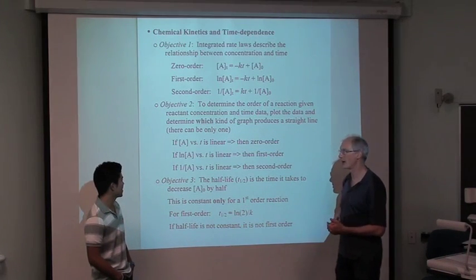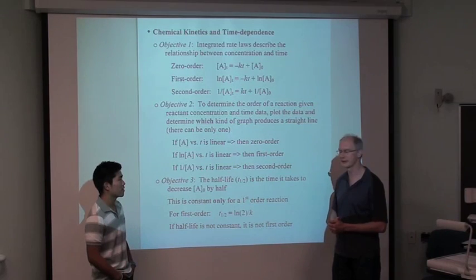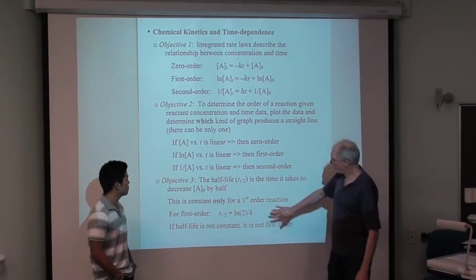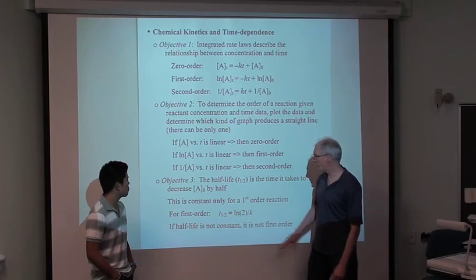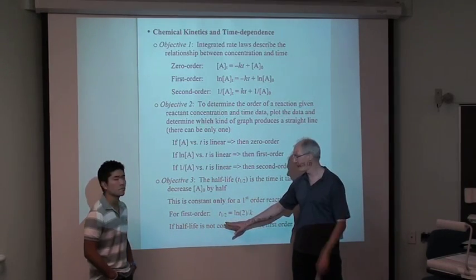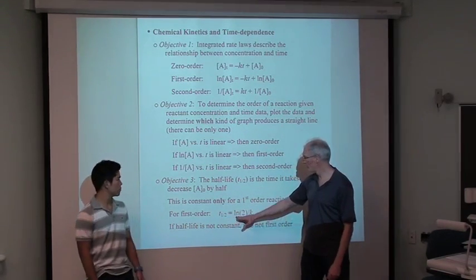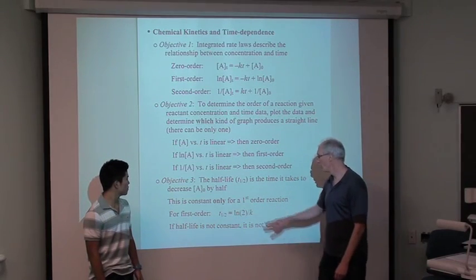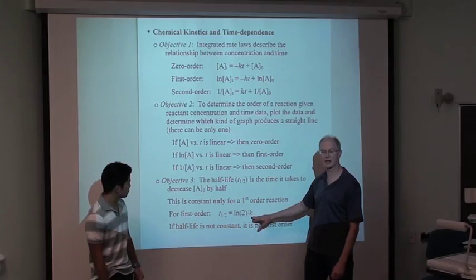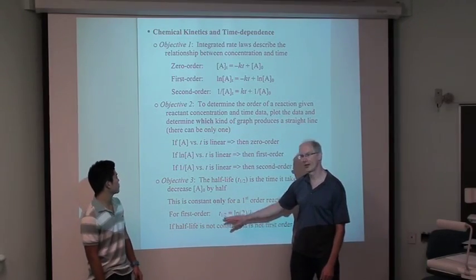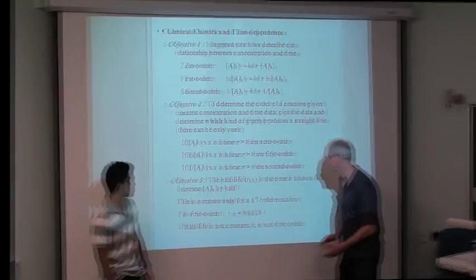So that's another way you can figure out what the order is. The most important equation there is that for a first order reaction, the half-life equals natural log of 2 over k. So if you know the half-life, you can figure out the rate constant, and if you know the rate constant, you can figure out the half-life.